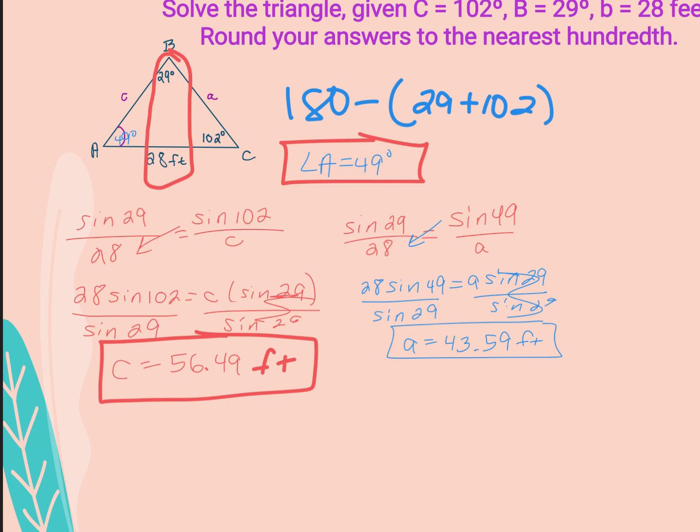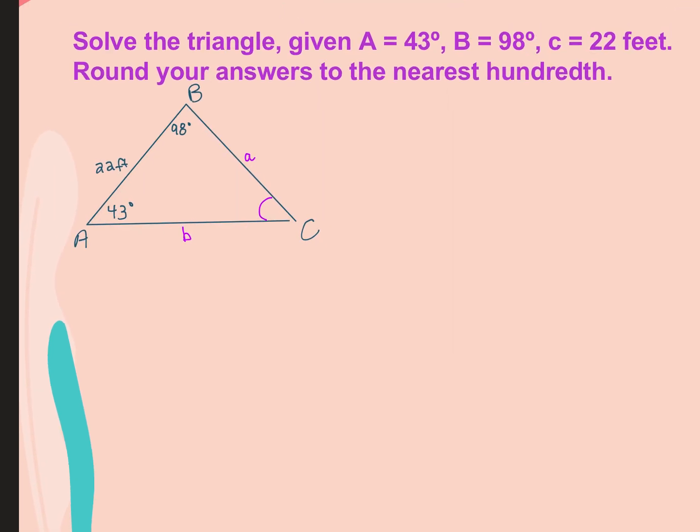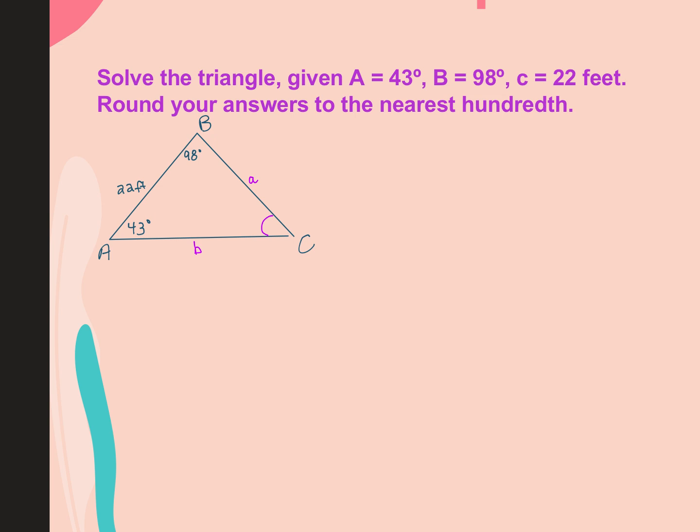All right, let's do the next one. Okay, again, same kind of information is given. What is given to us? Two angles and a side. There's going to be a different case here in a minute, but whenever they give you two angles and one side, you do the exact same thing every time. You're always going to say, let's find that missing angle first.